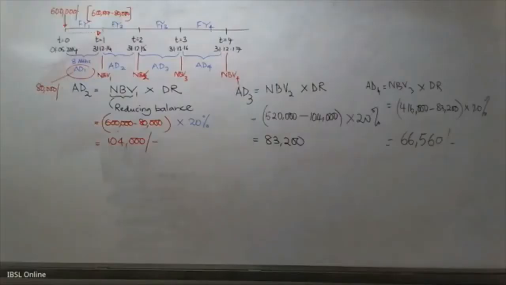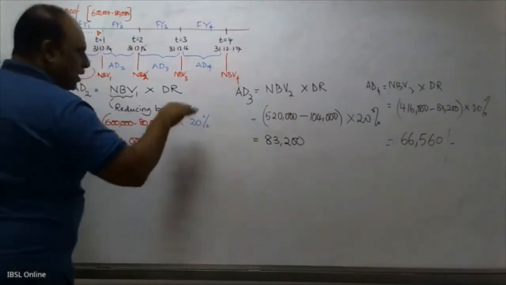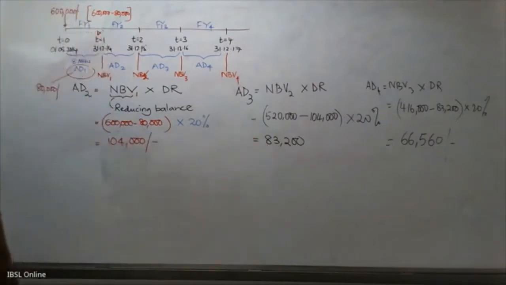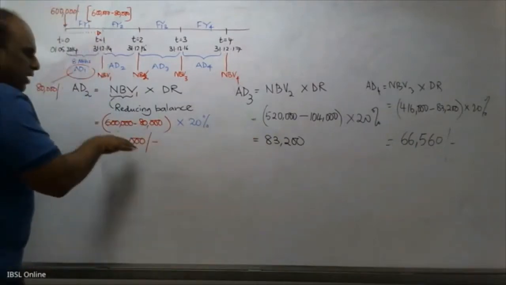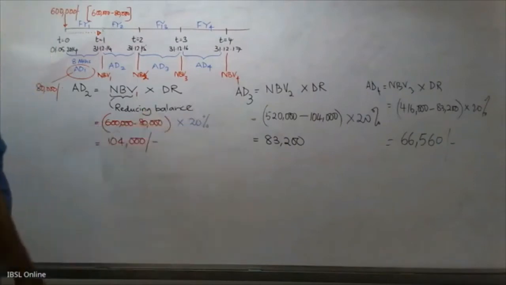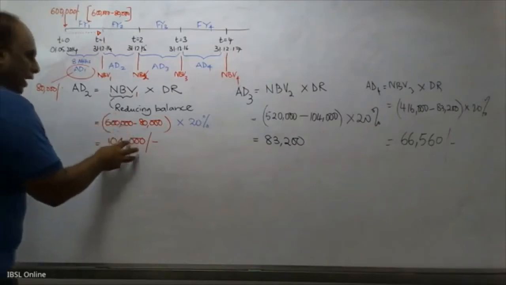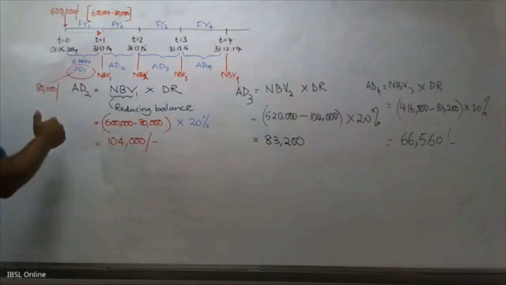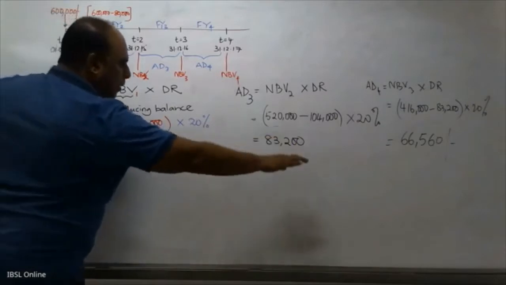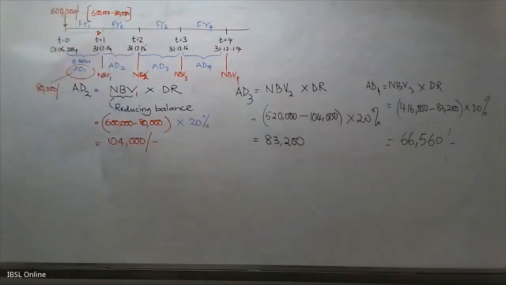So the name itself gives you the meaning. The depreciation will be reducing year by year. In other words, the depreciation will be higher at the beginning. When you go on, it will come down. But what is very, very important here is it will not reach zero. So that's the point that I want to highlight.